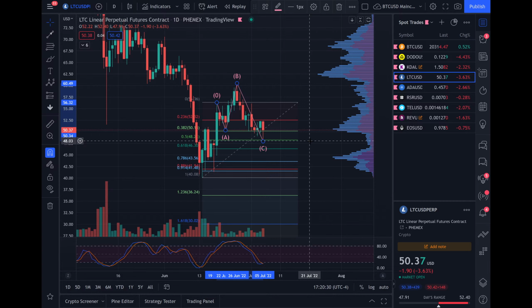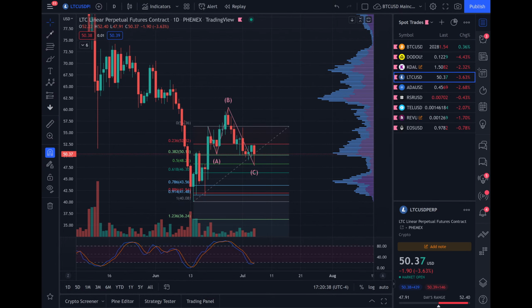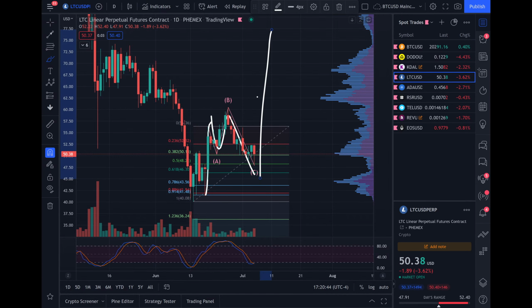You want your zigzag retracements, your 3-wave retracements in your zigzags, to retrace between the 0.5 and the 0.618 on average. Okay, they can be more shallow, but on average that's what you want to see. So I'm expecting 5, 3, 5, okay?